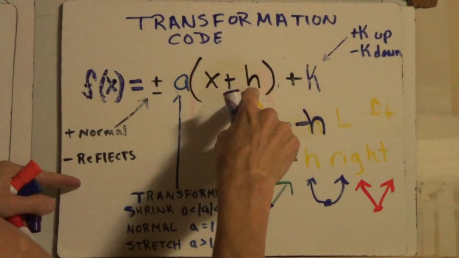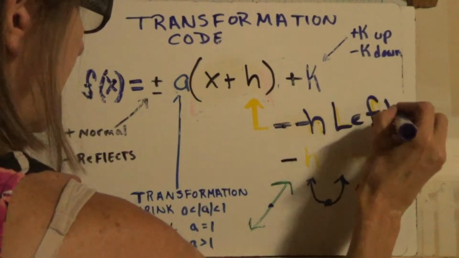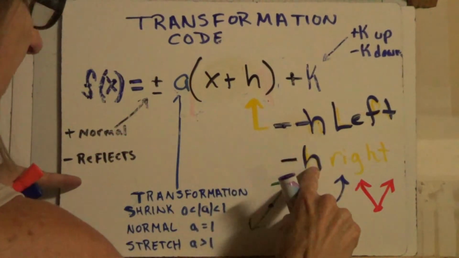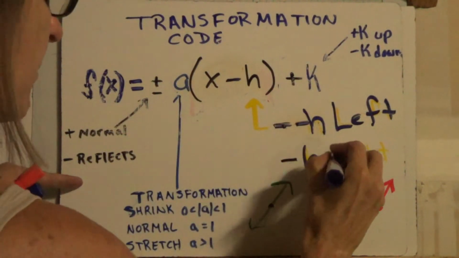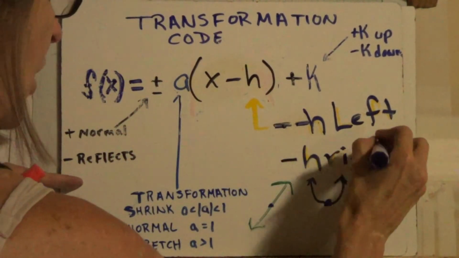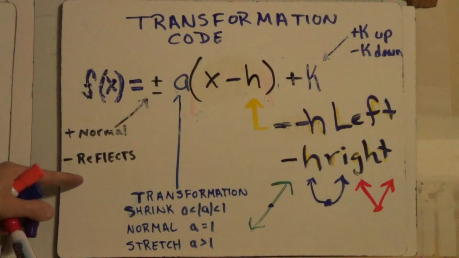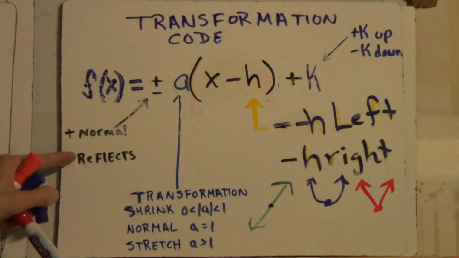So if you see a plus h, it actually means left, because you're plugging in a negative h. If you see a minus h, then you've plugged in the positive h, and it's still got the minus from the formula, and that will go right. So I will be writing things up, and you'll be either graphing or moving your body. So study this, make sure you get it down. It works on every graph.